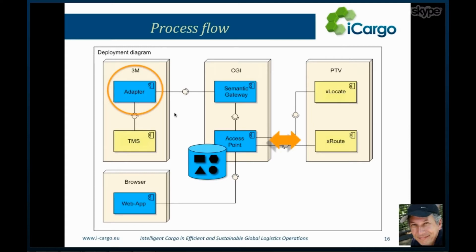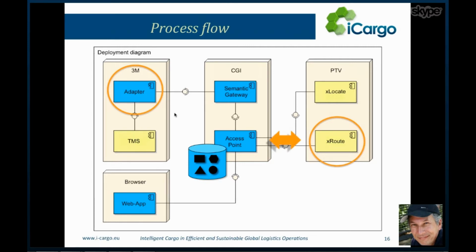Then the information is enriched with information from PTV to find the GPS coordinates of the final destination. Once the addresses are resolved, we could also calculate how much CO2 emissions the transportation will cause.